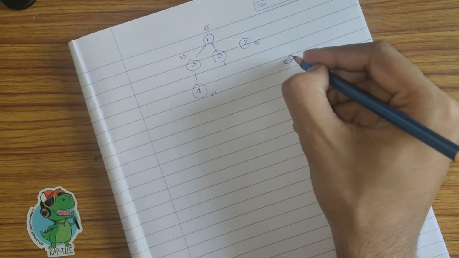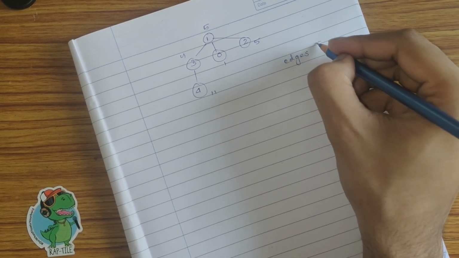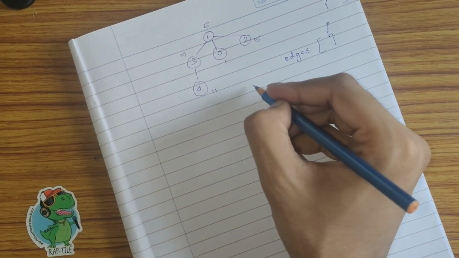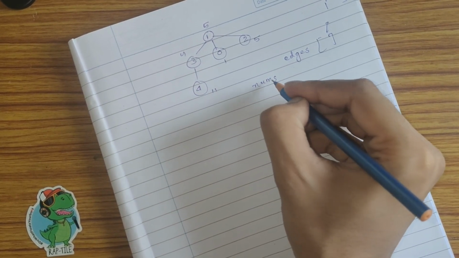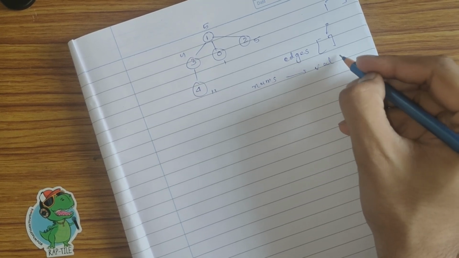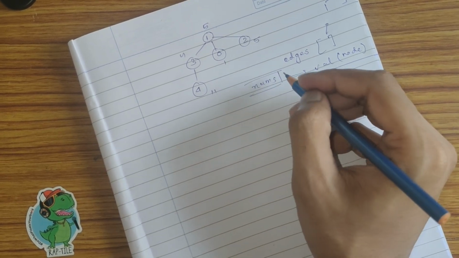We are given a 2D array edges that tells which node is connected to which node, and another array, nums, which is none other than the value of each node.